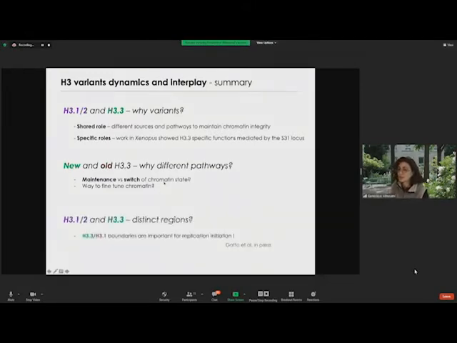And also the fact that you mark the genome with these different variants can enable to distinguish particular regions. And this is something I will tell you more about in the next talk, next week, whereby H3.3 and H3.1 boundaries themselves, so the region where you change from one to the other, can be important for early replication initiation.